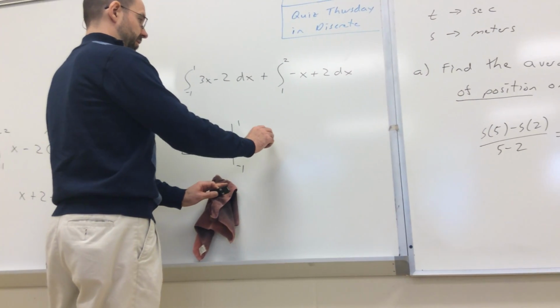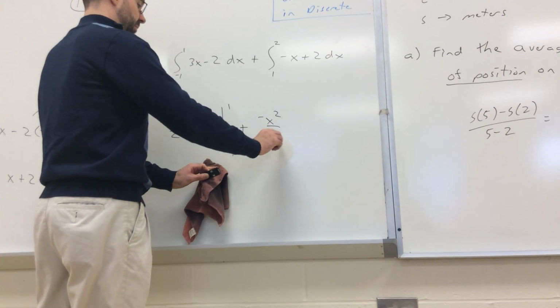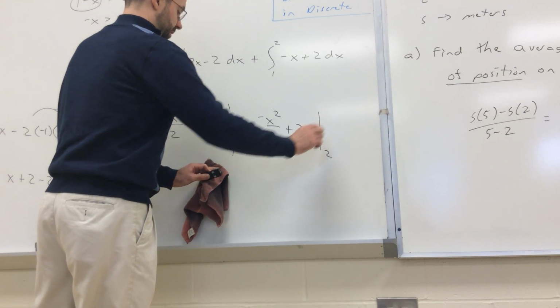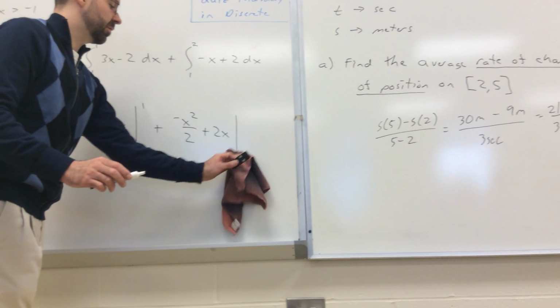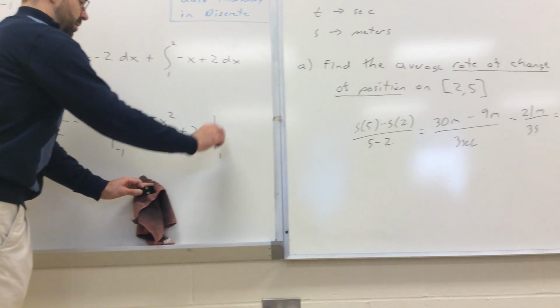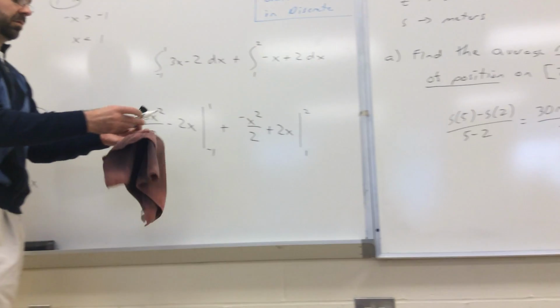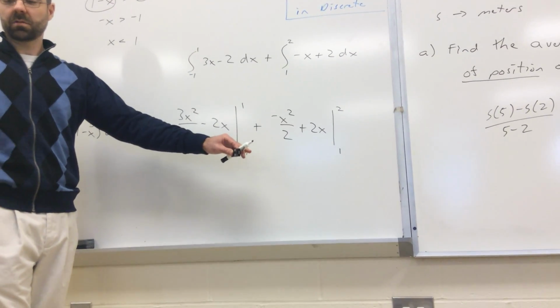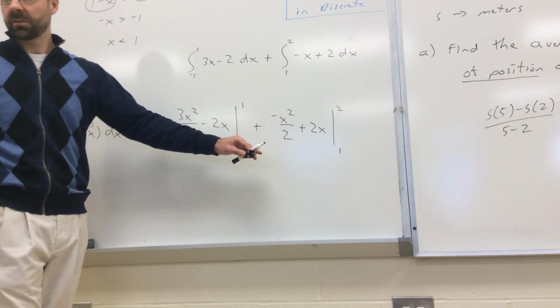And then this antiderivative is -x squared over 2 plus 2x from 1 to 2. Am I doing okay still?